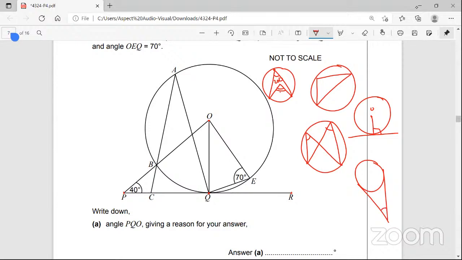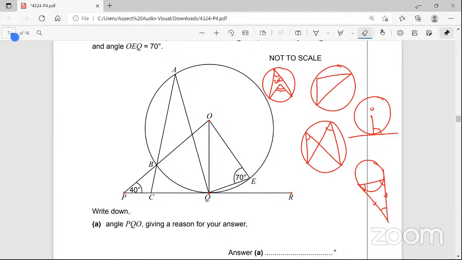What can I say about that one? Okay. So what I can say here is this will be an isosceles triangle. So these 2 angles will be equal to each other. Are you together? Okay, good.